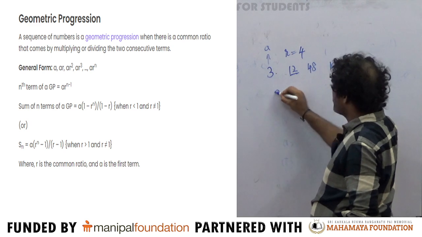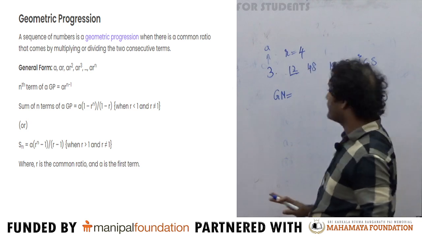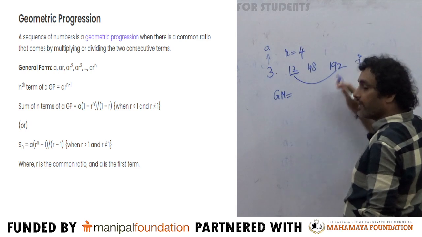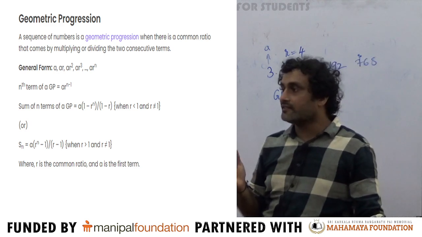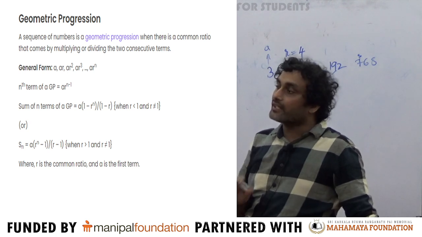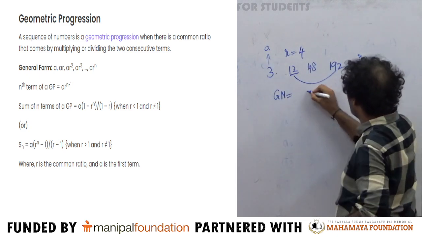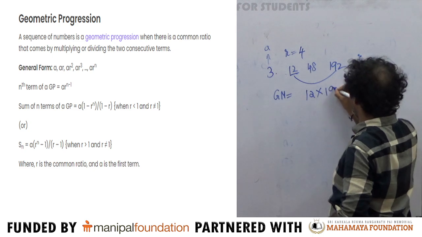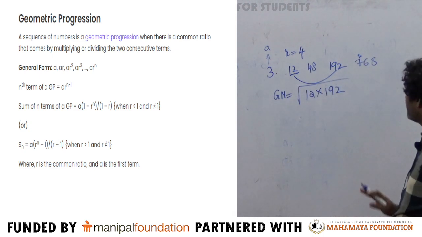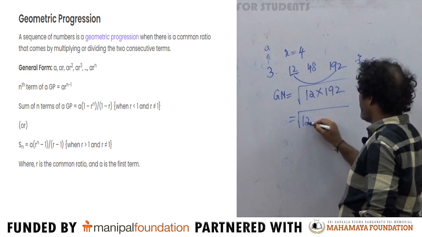I'll also teach you geometric mean. Here you're going to multiply the two numbers. When you added the two, you divided by 2; here when you multiply the two, you have to take the square root. Only then will the geometric mean come. For example, what if I do 12 into 192 and take the root?